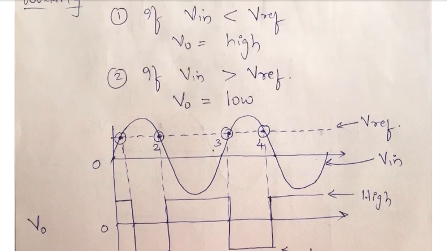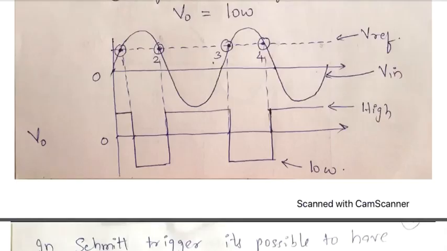Now, if V input is greater than V reference, V output has to go low. So it is immediately after intersection point number 1 that V input goes above the reference voltage. Hence the output voltage goes back to low logic and it remains low till where? Till the next intersection point, that is till this point, and this point is intersection point number 2.